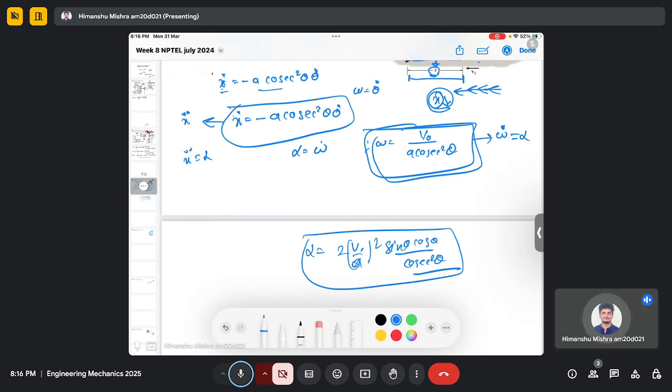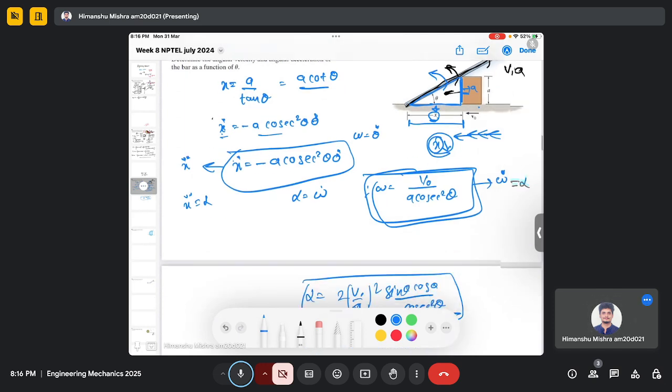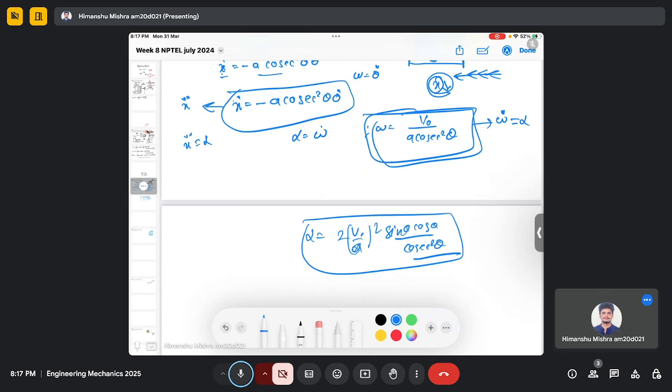So until now we have looked at problems where we determine the angular motion or the translation motion, given that we have already been given one kind of motion and we need to find the other kind of motion. Now we will solve a problem where we have two points and we need to find the velocity of one point based on the other point.